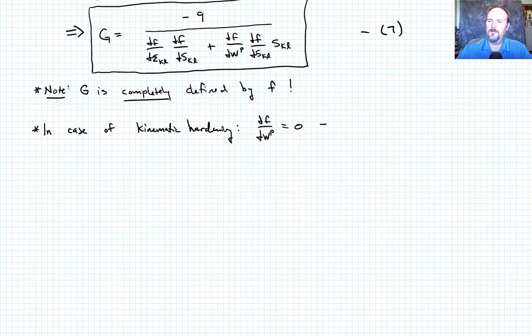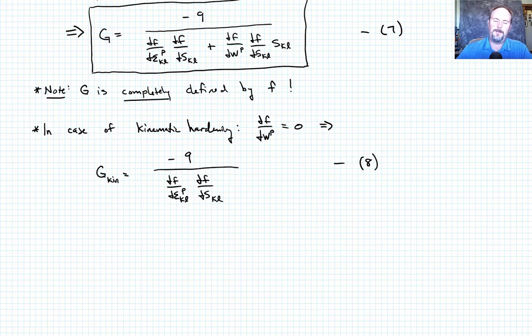Okay? So that means that equation 7 becomes G, and I'll put KIN for kinematic, equal to negative 9 divided by just the partial of f with respect to epsilon kl plastic, times the partial of f with respect to skl. Call that equation 8.